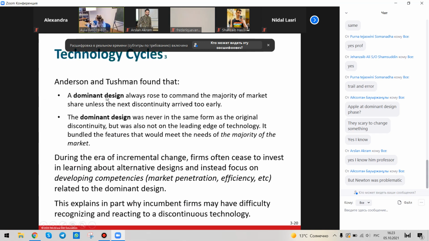So, some important things about the dominant design or dominant standard that I already quietly anticipated. A dominant design will always emerge at the end of the technological discontinuity process. And the dominant design is never, or quite never, the best possible solution.